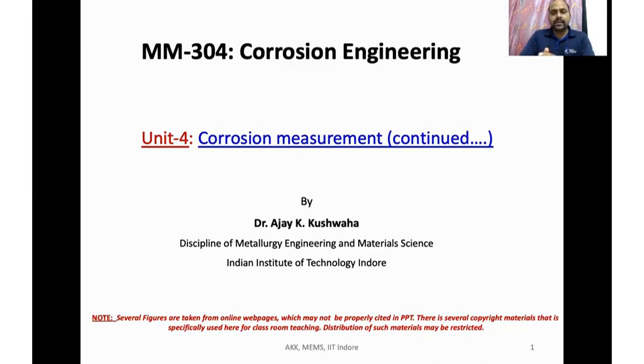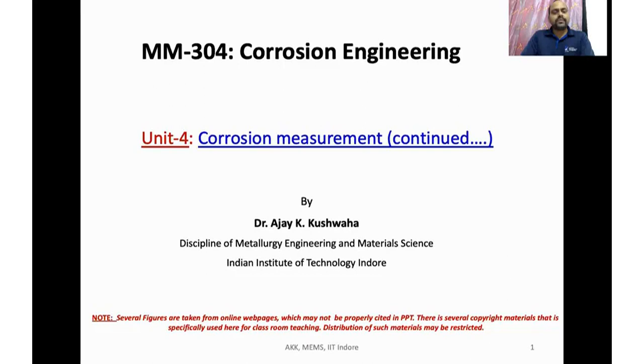And then second topic, we looked at what kind of changes are happening at the surface and how we can utilize the surface characterization tool to analyze the corrosion or corrosion product and to understand the corrosion mechanism, or what is the reason behind corrosion. That kind of understanding can be developed by doing such kind of surface analysis, right?